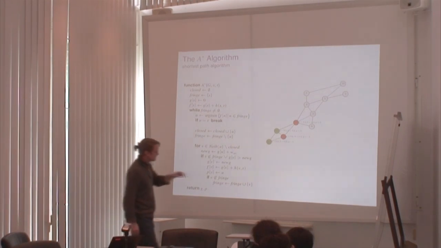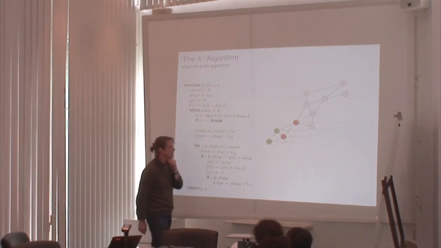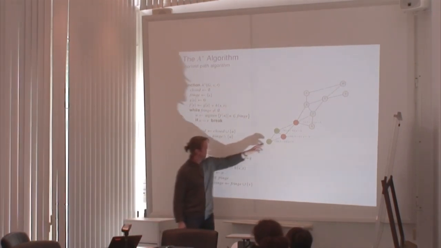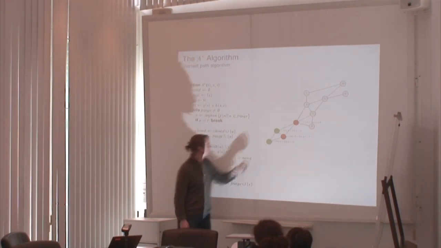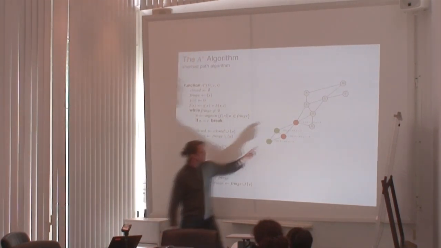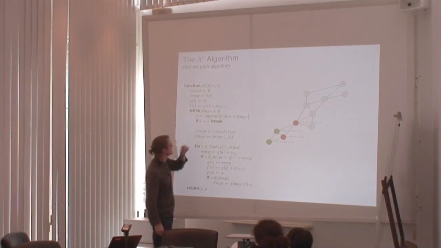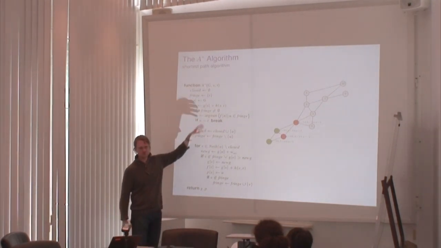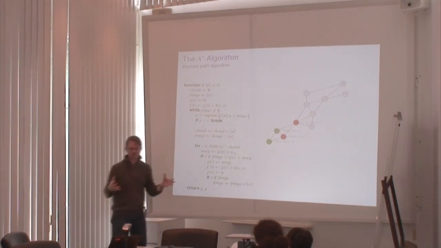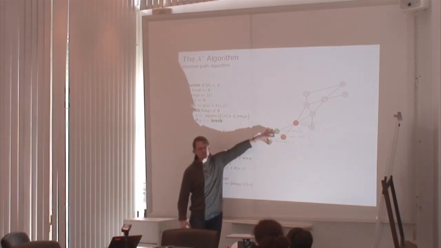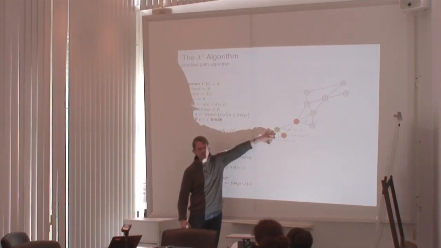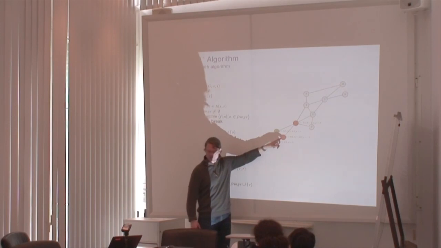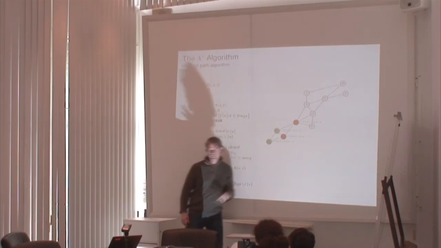Because this additional term causes the f values of these two nodes to be larger than the f value of this node, and as we are looking for the node with the smallest f value for further expansion, they will not be expanded at this point in time. But instead the A star algorithm expands this node.